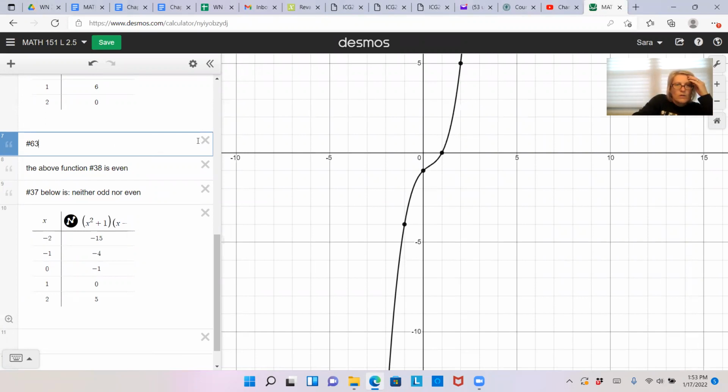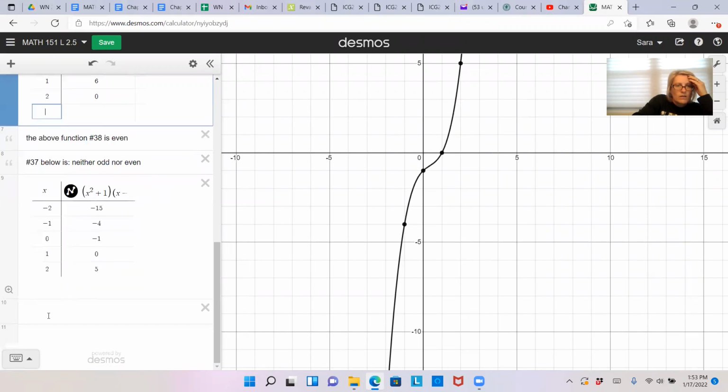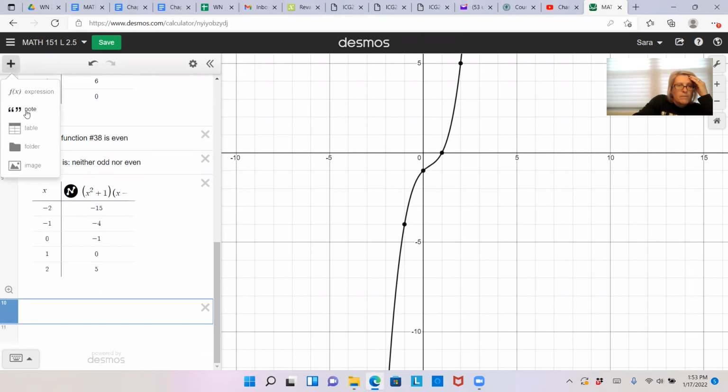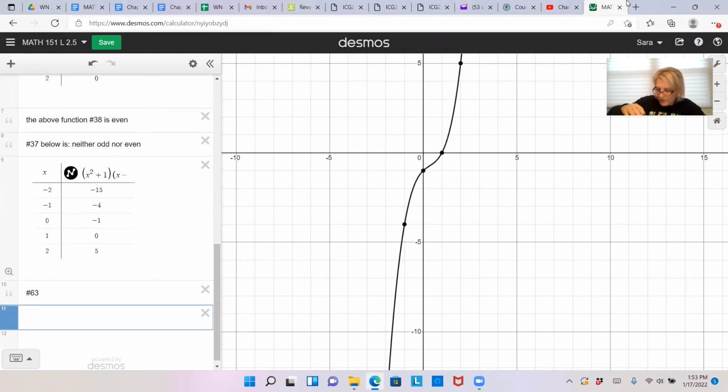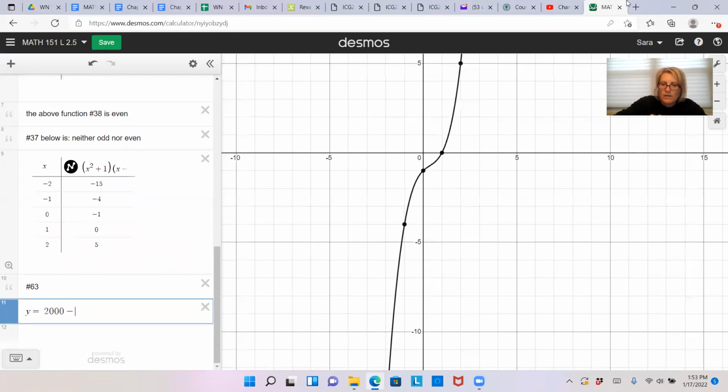Oh, no, that's not where I wanted to do that. Here. Okay, so we have y equals 2000 minus 300x.